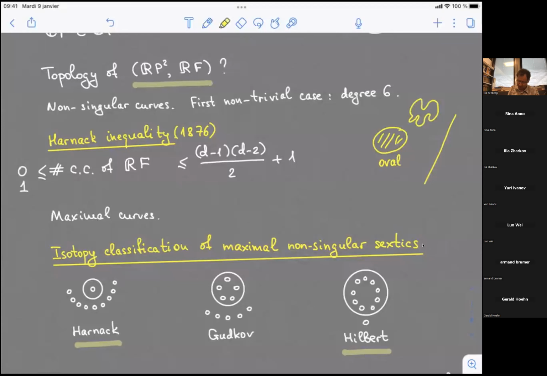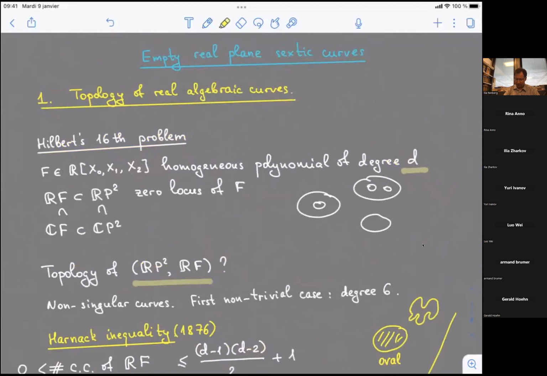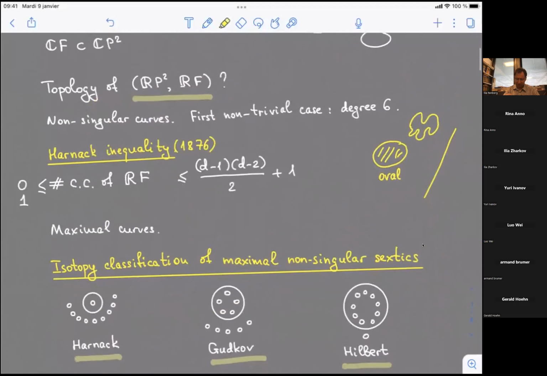But it turns out that there is a third one. Such a curve was constructed by Gudkov, and this curve, Gudkov's curve, has 5 ovals inside one oval and 5 ovals outside. And there are no other possibilities. So this is a complete isotopic classification of maximal non-singular sextics.